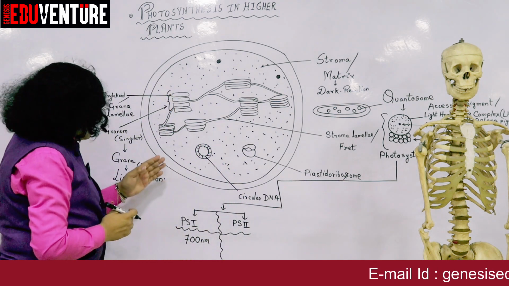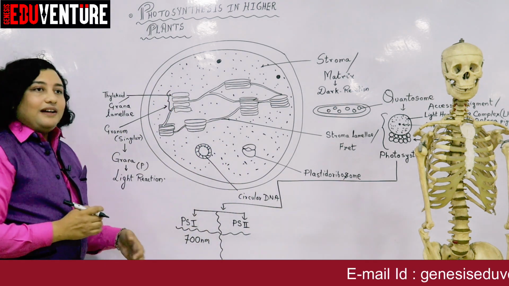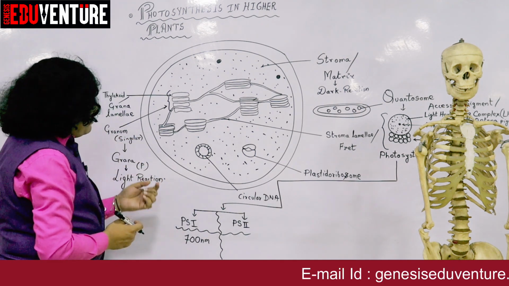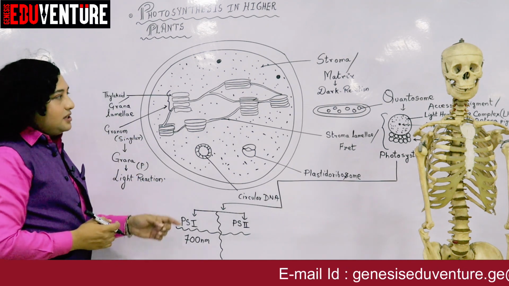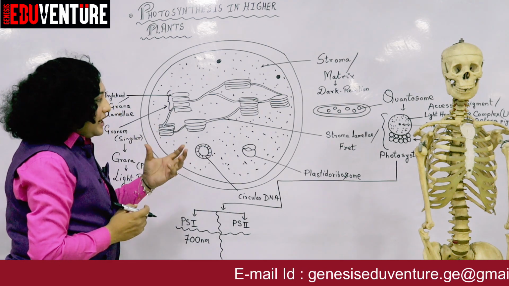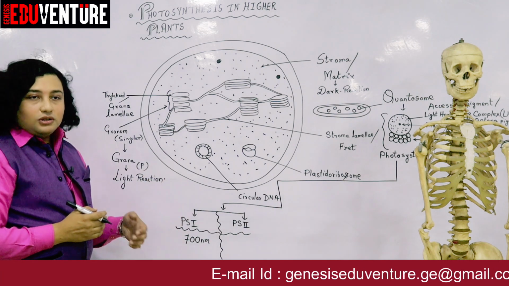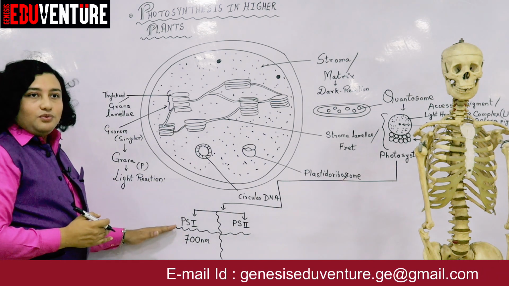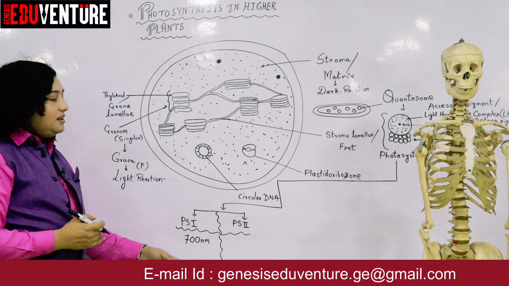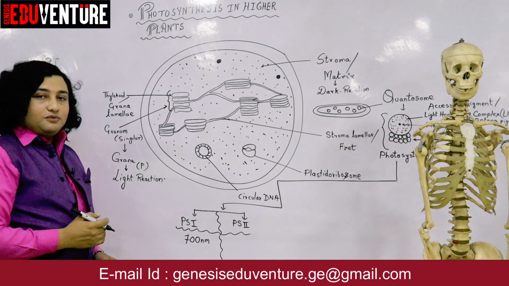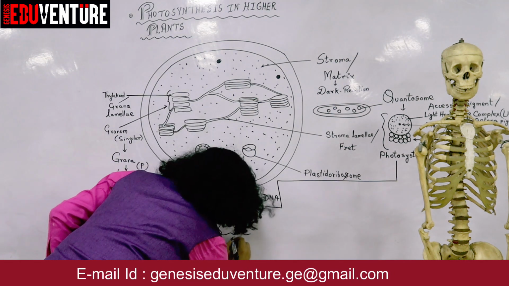So on the basis of activation, on what type of wavelength of light, we have classified the entire light harvesting system or photosystem into two categories. One is photosystem 1, which is concerned with absorption of 700 nanometer of light, while another is photosystem 2, where the main pigment is concerned with absorption of 680 nanometer of light.